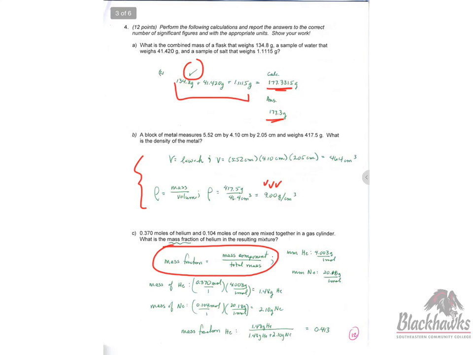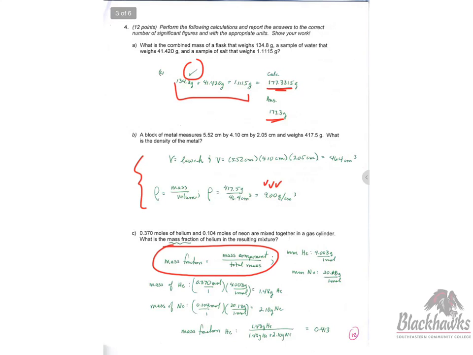Percent is relative amount per 100. So basically, they give you moles of 2 elements. Now, the thing about helium and neon is that they weigh different. So if you're after mass fraction, you're going to have to take those moles, convert them to mass, and that's one of the things we talked about in this unit.